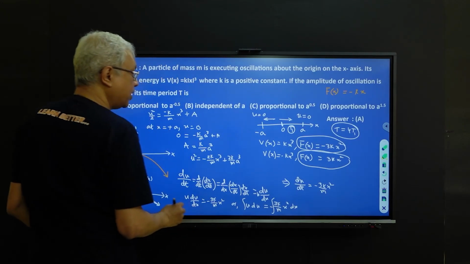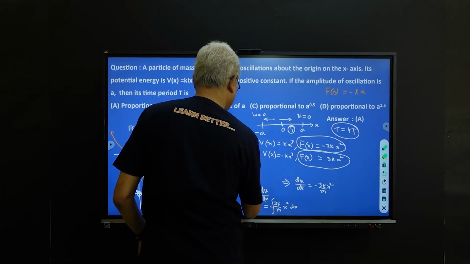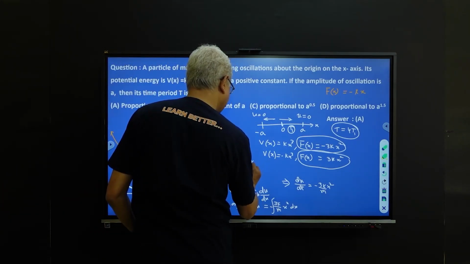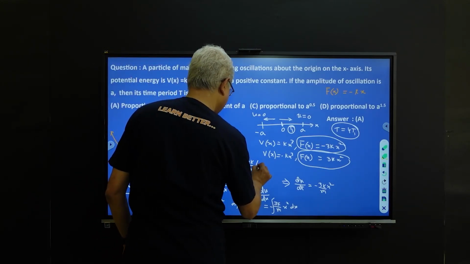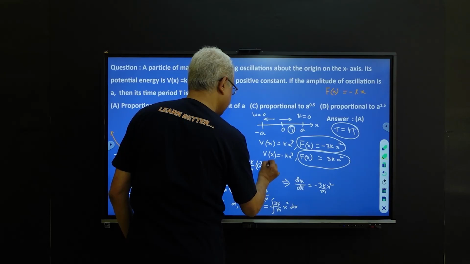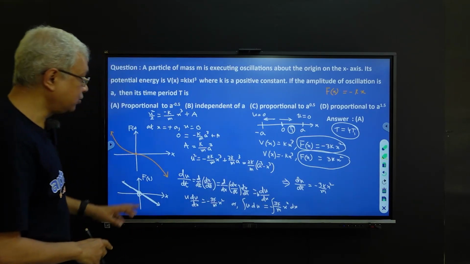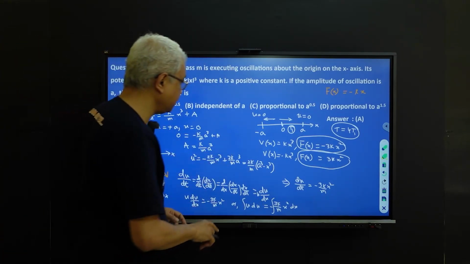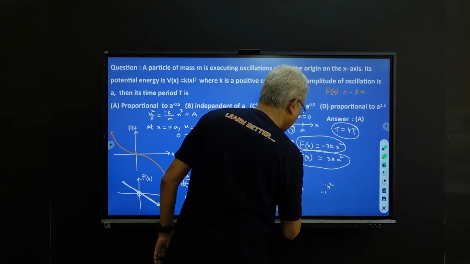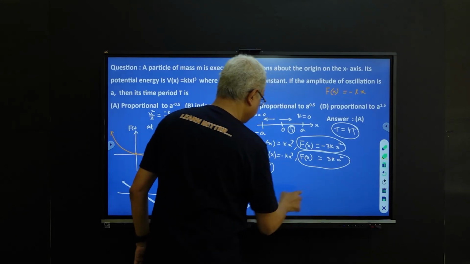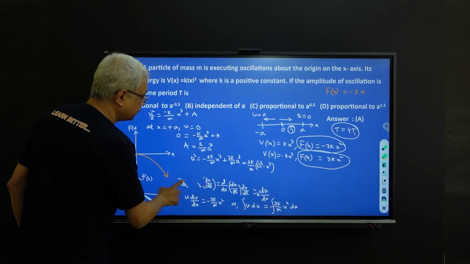So it is actually 2k by m times A cube minus x cube. So once we know u square, from that we can find the value of u.